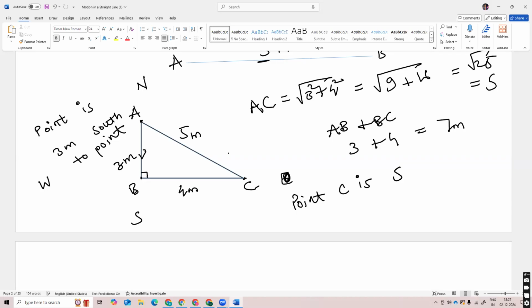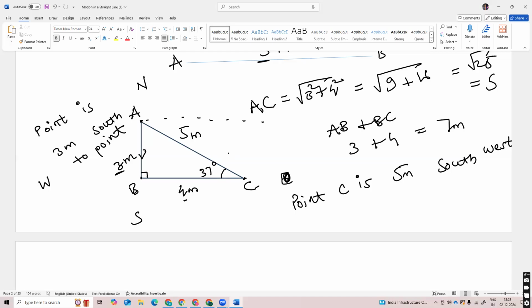So point C is 5 meter southwest, or if you know this angle, as I told, this triangle is very important, 3 4 5. In this triangle, the angle in front of the smallest side, which is 3 meter, is 37 degree. You will have to remember this triangle because many questions can come from it, because these lengths are unique, 3, 4, 5.